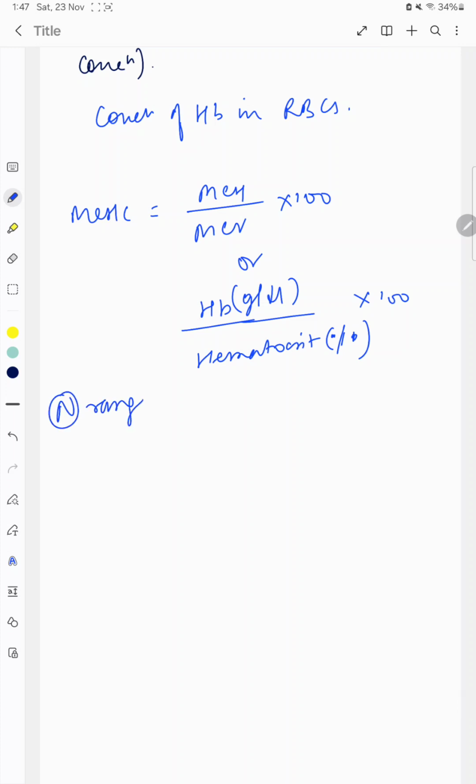The normal range for MCHC is 32 to 36 gram per deciliter.